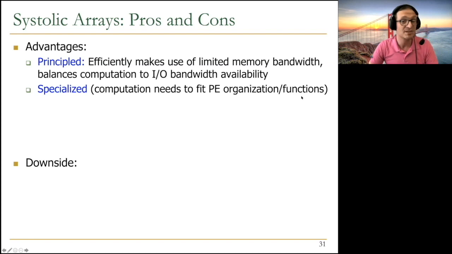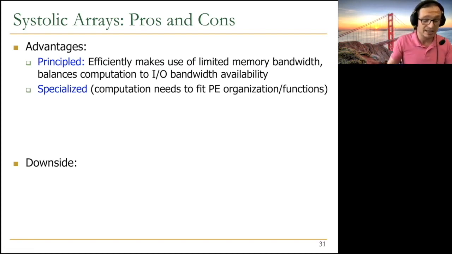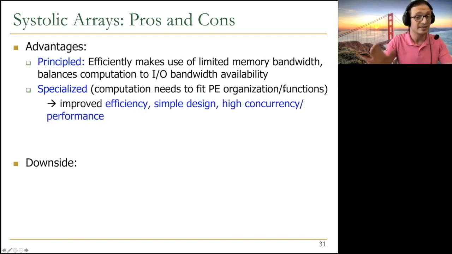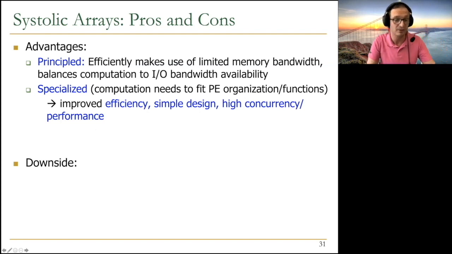And it's also specialized because it has a particular computation in mind that it can do very, very efficiently, right? It's implemented to do that computation. But computation needs to fit the processing element organization and functions and the array organization as well. And if that is the case, then you get highly improved efficiencies, simple design, high concurrency, and high performance all at the same time. It's a very nice accelerator for that purpose.